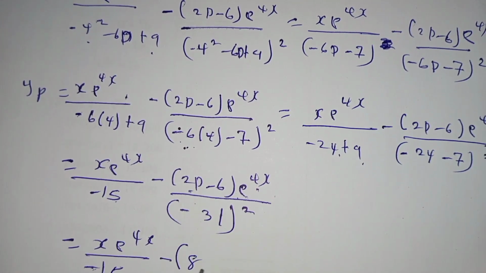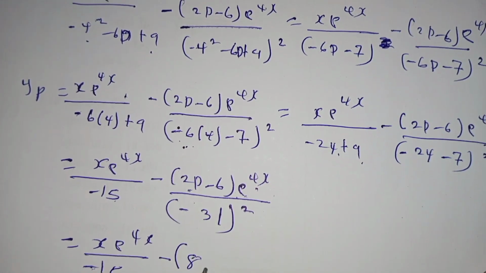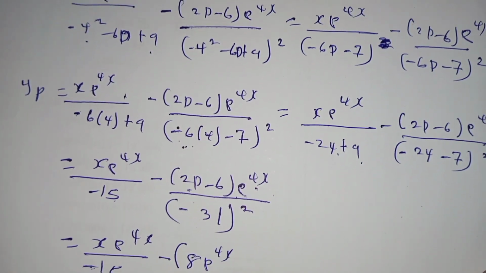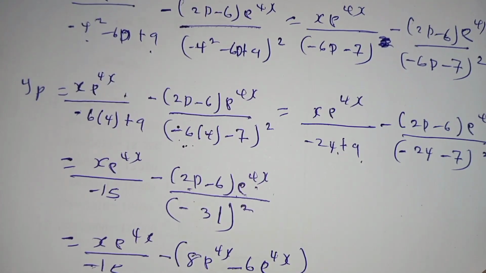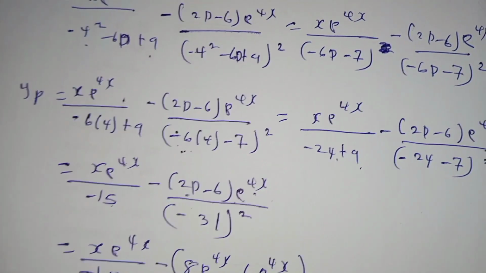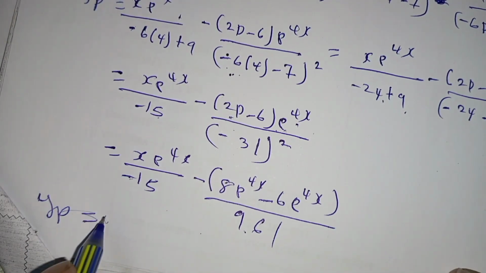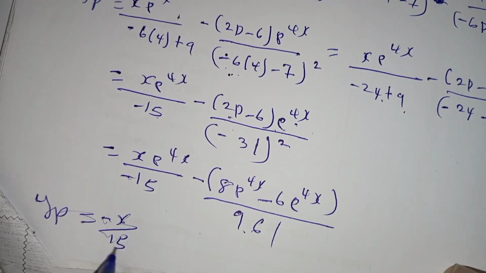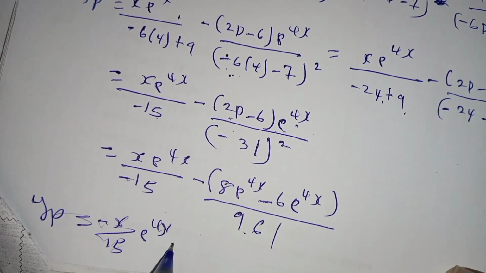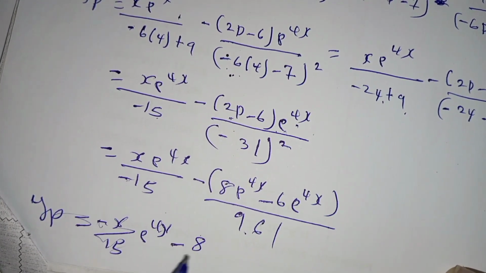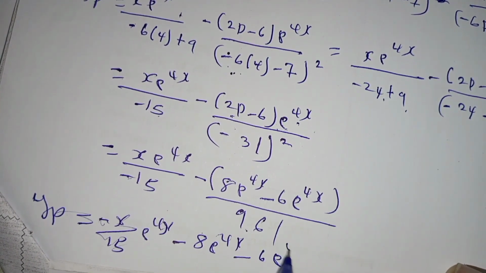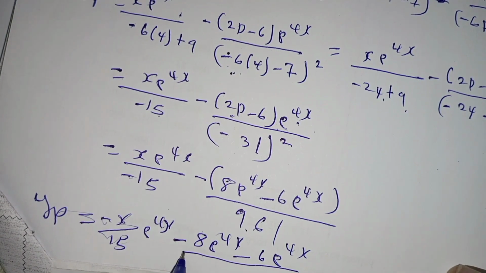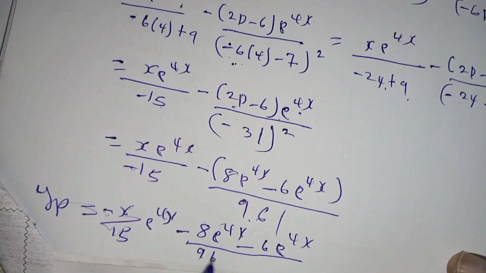This will give you 8 exponential 4x minus 6 exponential 4x all over. When you square negative that 1, our yp is equal to negative x over 15 exponential 4x minus 8 exponential 4x minus 6 exponential 4x divided by 961.